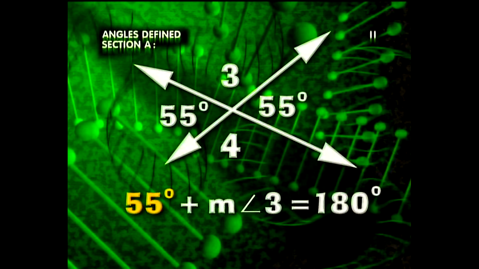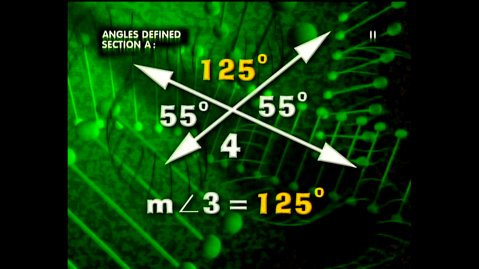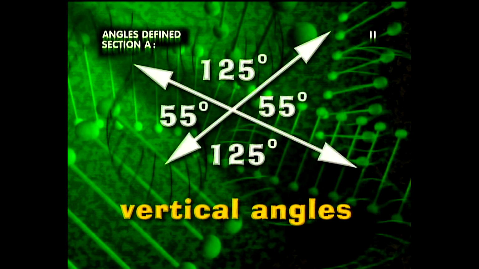We know the measure of angle 1 is 55 degrees, so angle 3 measures 180 degrees minus 55 degrees, or 125 degrees. Angle 4 also measures 125 degrees because angles 3 and 4 are vertical angles. So we've got all four. Vertical angles are really powerful tools that we'll use a lot when we get to proofs. But before we get to proofs, let's look at some other angle stuff.